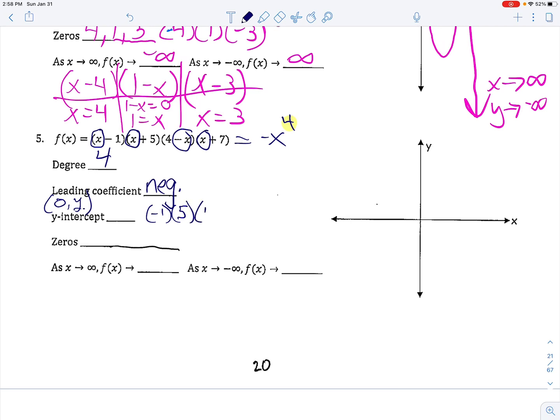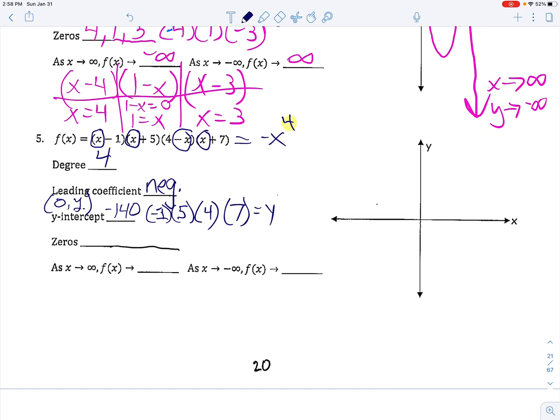So 0 minus 1 multiplied by 0 plus 5 multiplied by 4 minus 0 multiplied by 0 plus 7 will get you the y value when x is 0, thereby being the y-intercept. -1 times 5, -5 times 4 is -20 times 7 is -140.